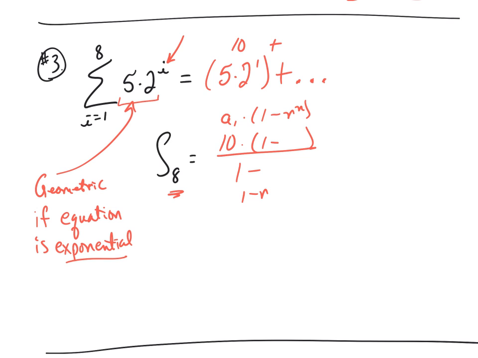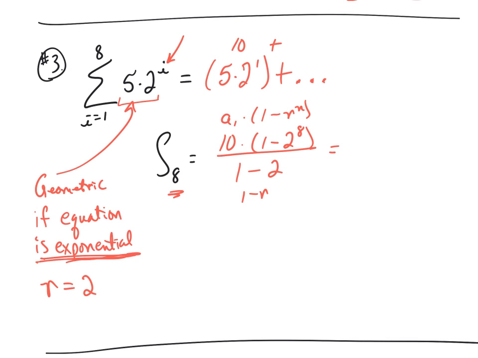The other thing I need to mention, that you can put right underneath this note, is that the common ratio is always going to be the number that is the base of the exponential. So what number has the variable attached to it, the 5 or the 2? The 2. Therefore, that's the r value. So in our formula I can replace r with 2 in both the numerator and the denominator.